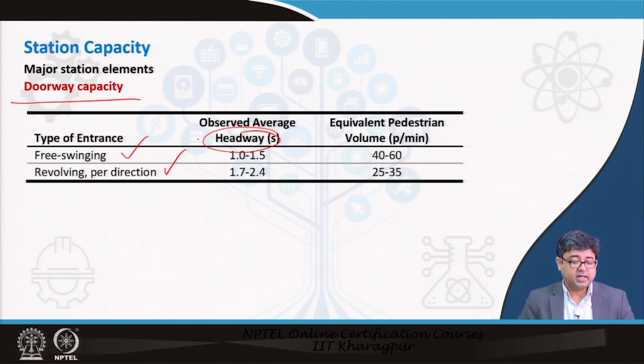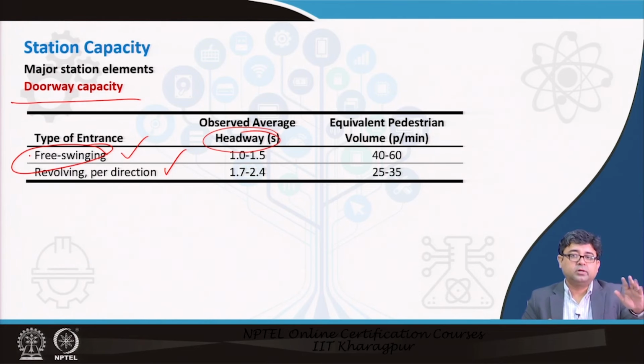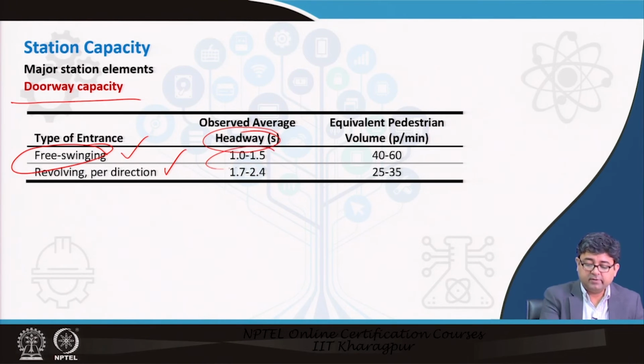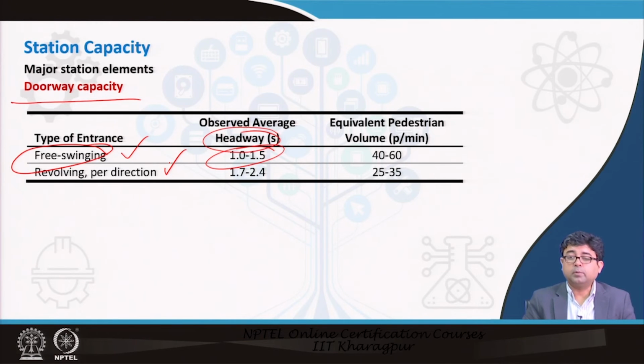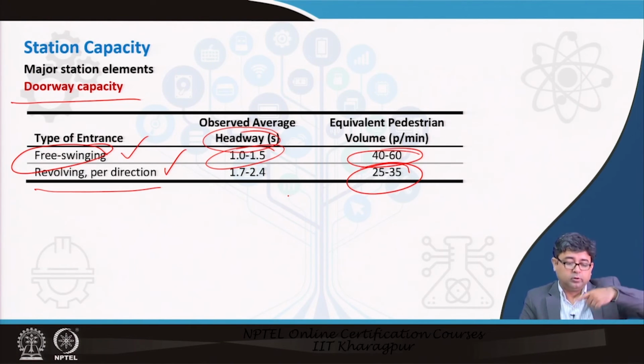If it is a free swinging door, meaning you open the door and it swings freely, closes and opens freely, the headways between people are about 1 to 1.5 seconds, and the equivalent volume of pedestrians may be 40 to 60 per minute. Whereas a revolving doorway, per direction, may accommodate a very low volume of people, and only in one direction.